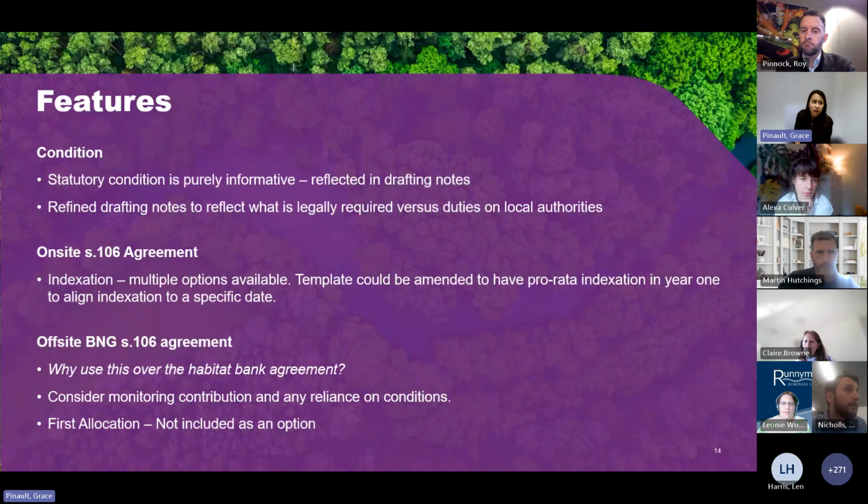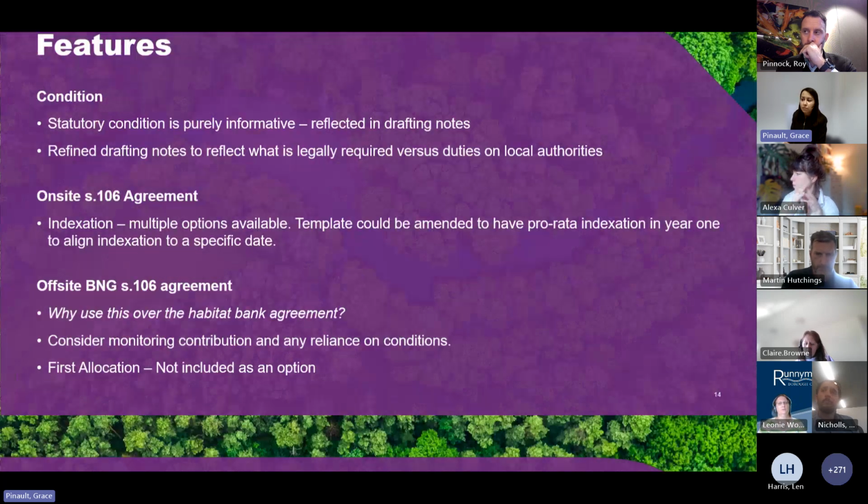And the reason for that is because you might be dealing with outline schemes where you may not know exactly how many units would need to be secured or allocated to the development itself to achieve 10% biodiversity net gain. So when you look at the offsite Section 106 agreement against the Habitat Bank agreement, there's a lot of overlap. It's just that this particular template is really well suited to developments that will secure on-site BNG and offsite in connection with a specific development in mind.